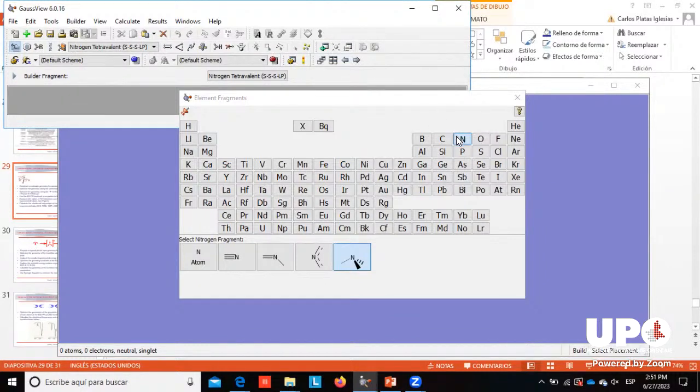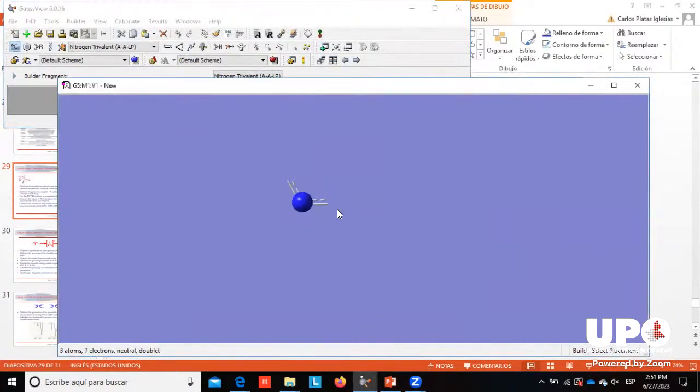So we go to nitrogen, and then, maybe like this, I'm not sure. Or maybe just a nitrogen atom, sorry. Let's see if it works. Do I repeat it?